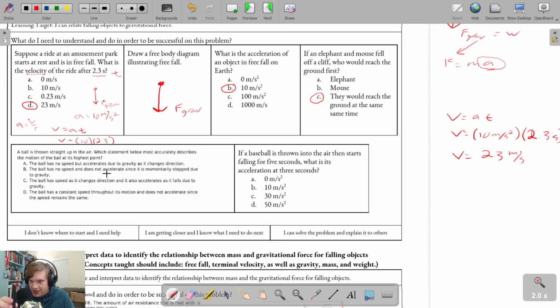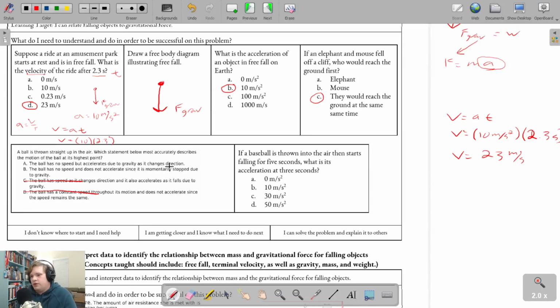Right? To change direction, you have to come to a complete stop. So that's out. I'm done. Nope, it has no speed. If it stops, it has no speed. I'm not even reading the rest of it. Okay? So, the ball has no speed. This is what I'm left with, A and B.